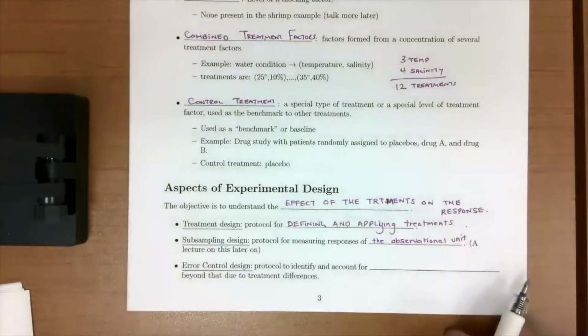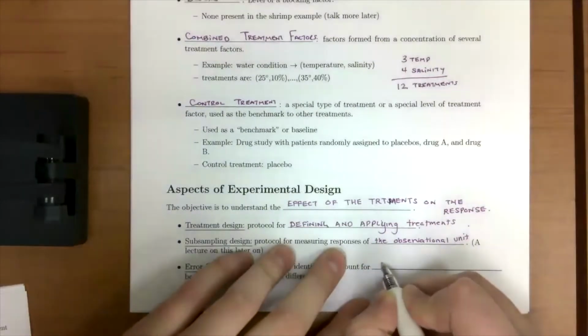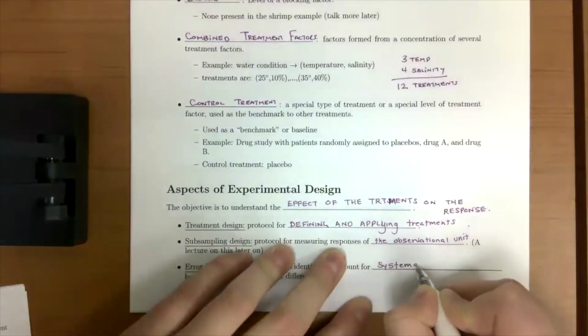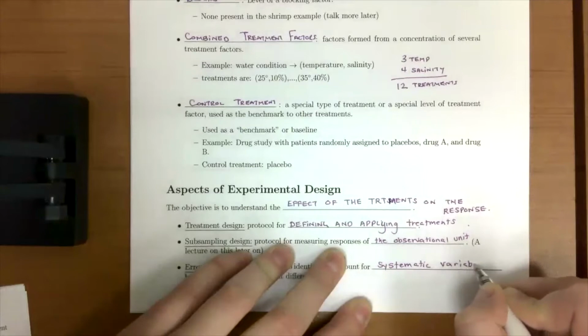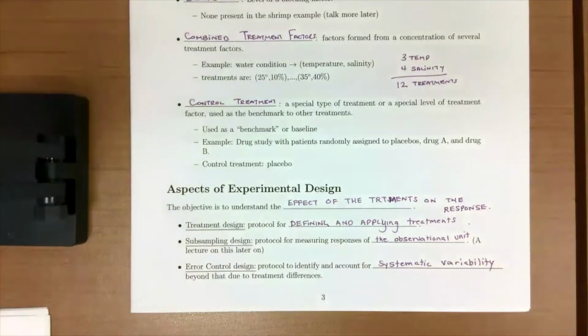And then our error control design is the protocol to help us identify and account for systematic variability beyond that due to just the treatment.